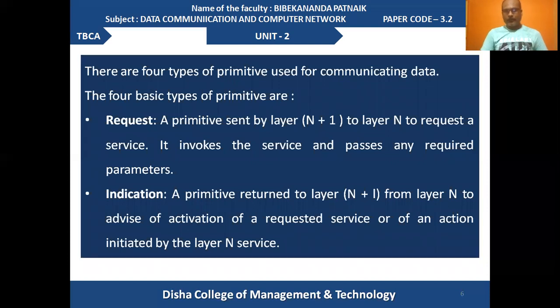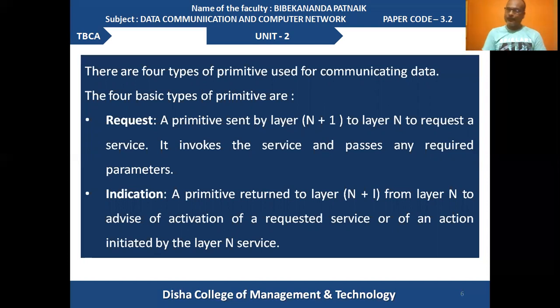First of all, we focus on the request primitive. This is issued by the service user to the service provider to request the invocation of a procedure, that is, a function. So the request should be passed from the service user to the service provider.